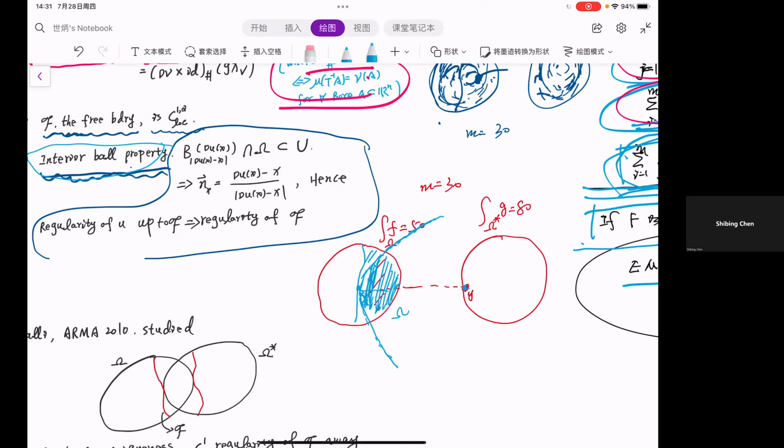Then you can see, if x is participating in the transportation, you can draw such a ball. So for all such points you can draw a ball.